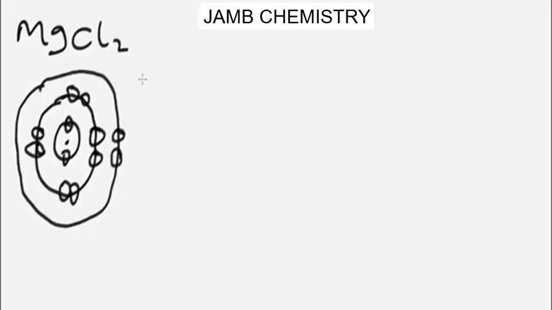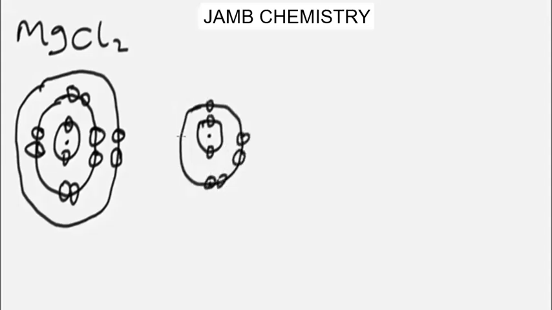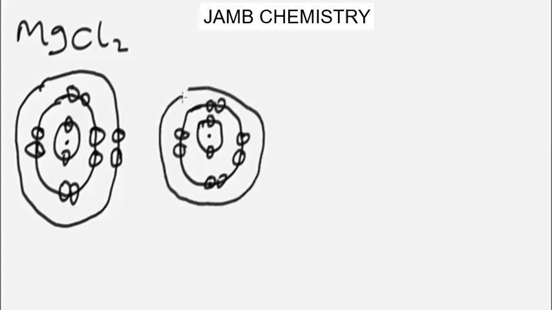Now for the chlorine atoms, it's going to be something like this. This will be the first chlorine atom. Okay, this will be the second shell. Chlorine has atomic number 17.